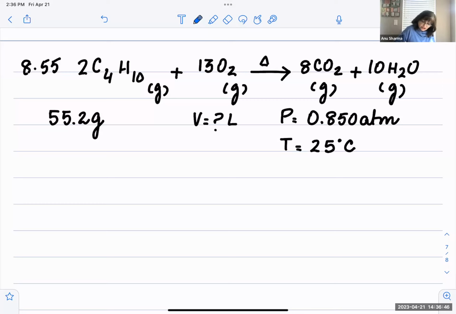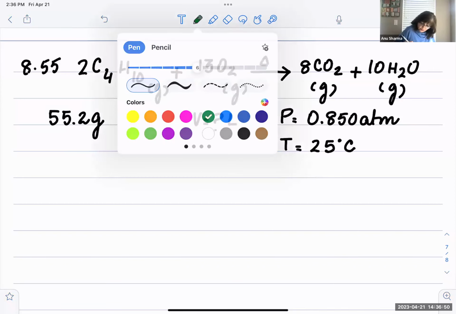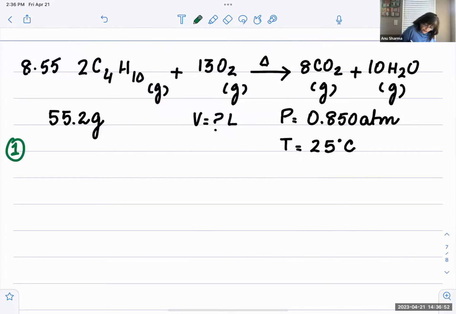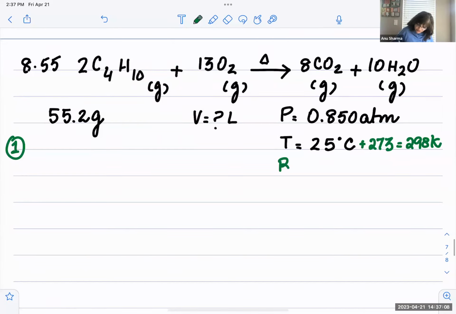So what is the strategy here? The strategy, first of all, is that you are going to convert. First is temperature, obviously, plus 273, convert that from Celsius. So that's kind of always a given. 25 plus 273, and that is 298 K. So you're going to use that. Next thing is the value of R. Which value of R are you going to use?